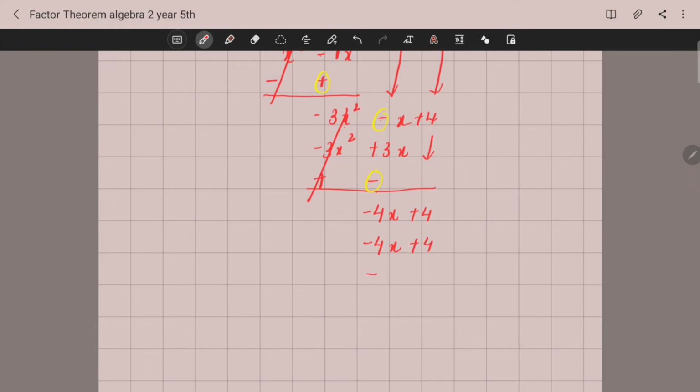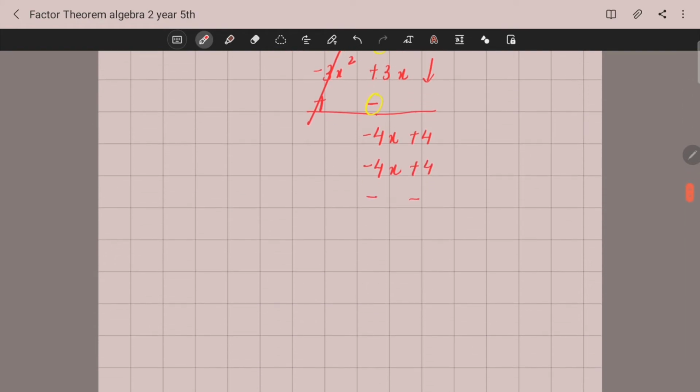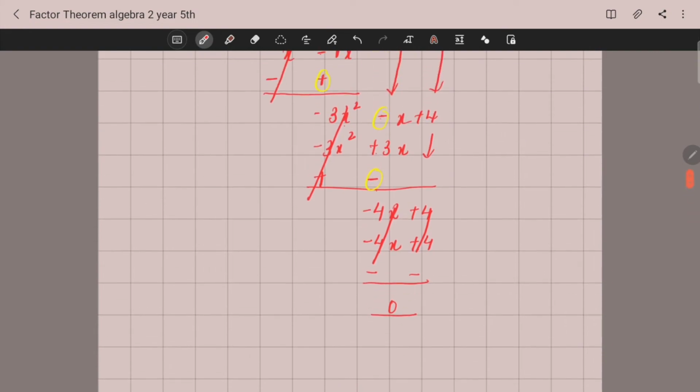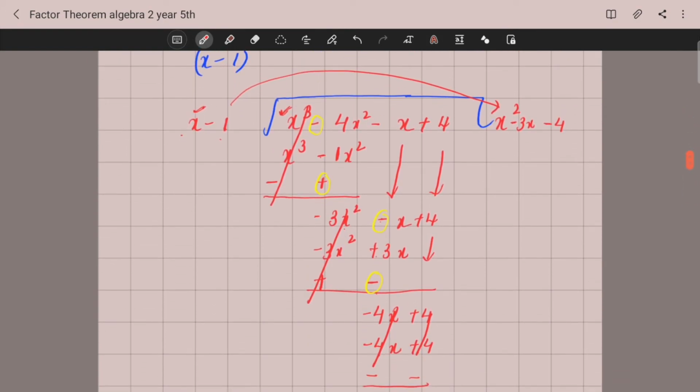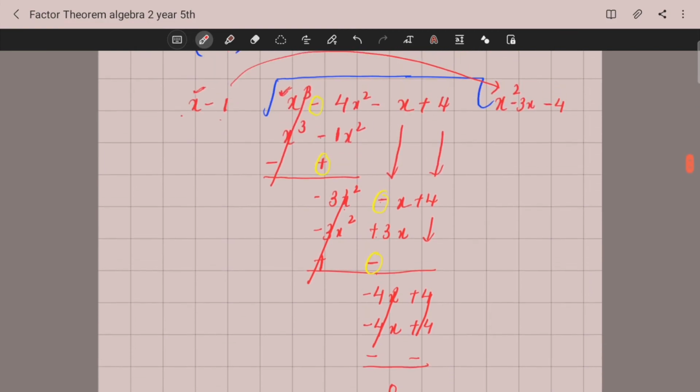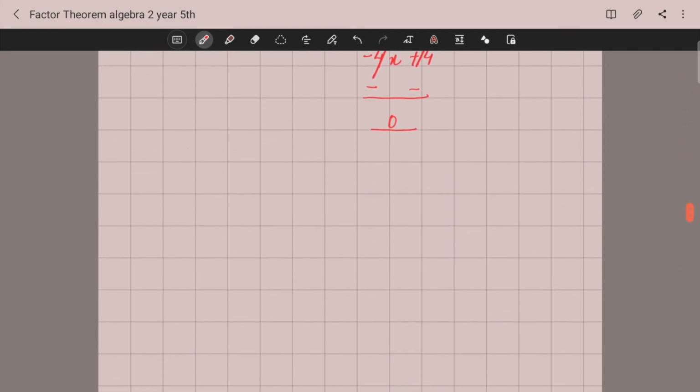Now I have to make 0, so we get 0 over here. If you are getting 0 in the last step, that means you are correct. If you are not getting 0, that means we are wrong somewhere. After that, the quotient is x squared minus 3x minus 4.